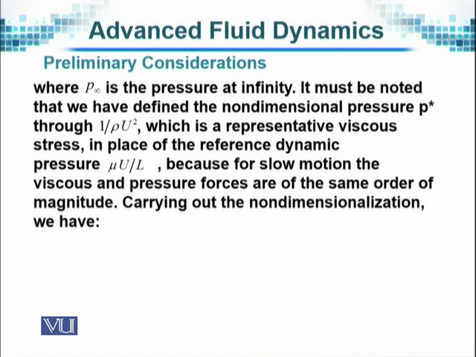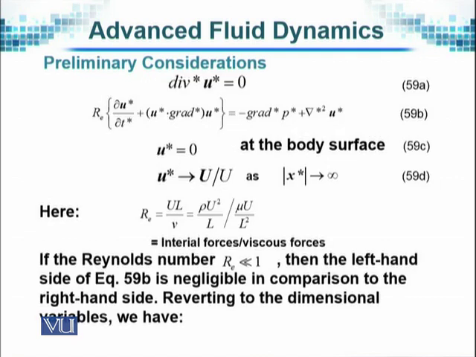So when we substitute in the equations of motion to non-dimensionalize them, we obtain the equations in the form that we have shown here. Divergence of u is equal to 0. There is no number occurring now, that is no other factor multiplying.